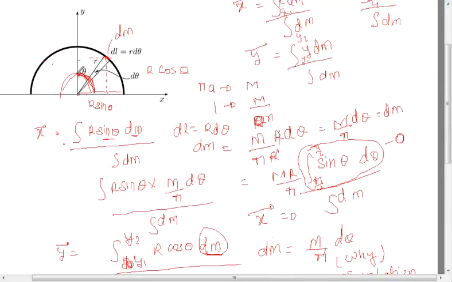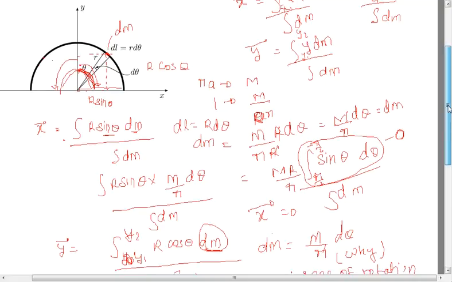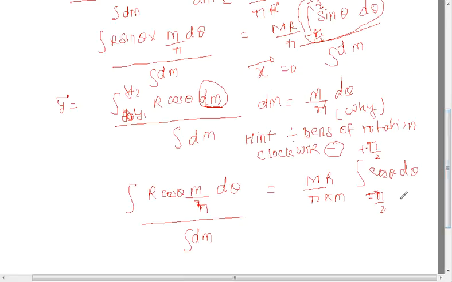So this sense is clockwise, and this sense is anti-clockwise. So this one is going to be positive and this one is going to be negative. So we have to move from minus pi by 2 to plus pi by 2. This is important.